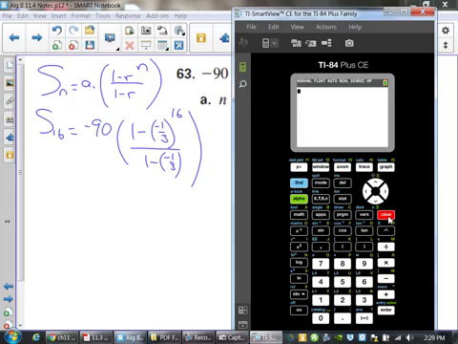Take the numerator, figure out that, divide it by parentheses the denominator, then multiply it off by negative 90. So I would type in 1 minus parentheses negative 1/3 parentheses to the 16. That gives me some crummy number. I forgot to close the parentheses, didn't I? No, that's what I got. And I closed the parentheses.